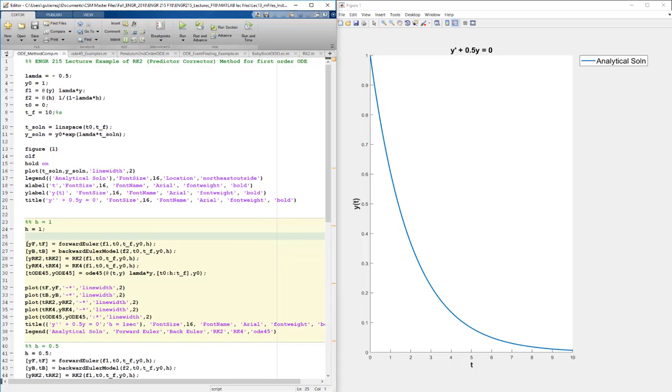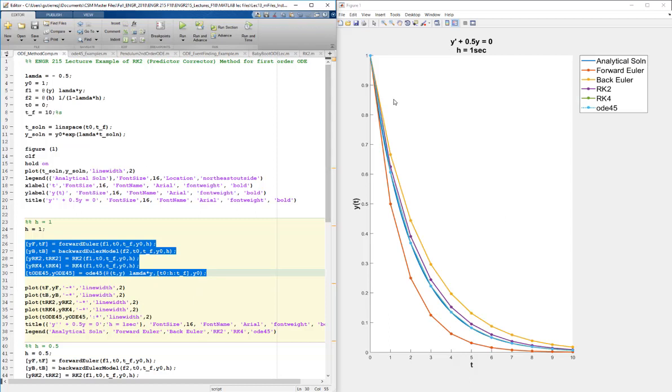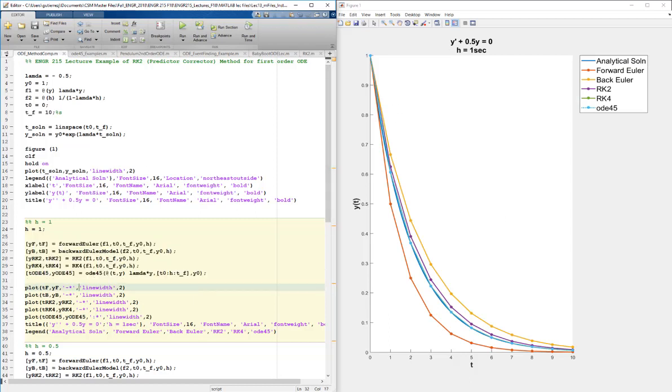Here I've evaluated all four methods, and I'm going to plot them all. I'm also running ODE45, so we'll talk about that next, but that's the numerical method which uses RK45. That is a Runge-Kutta method also, and that is MATLAB's numerical method for solving ODEs.